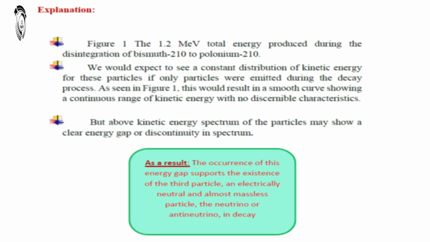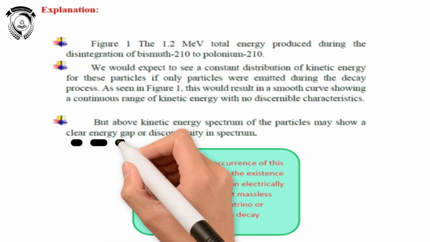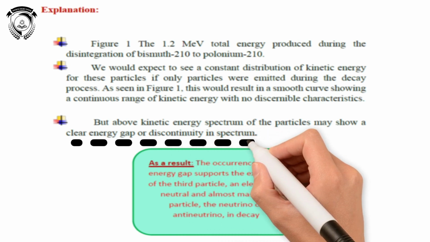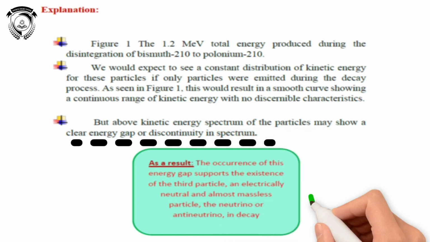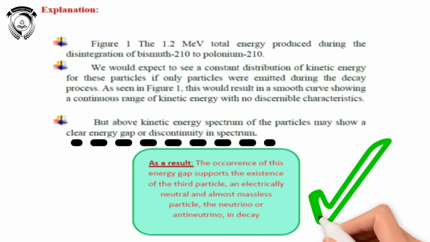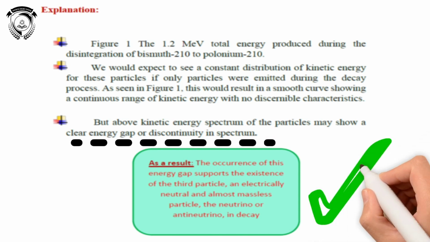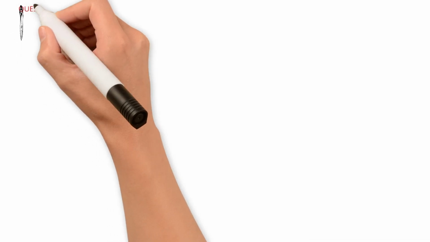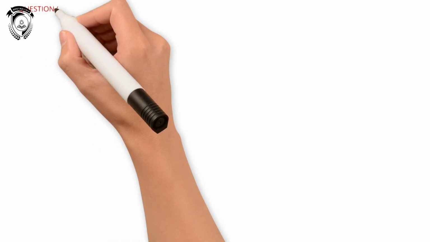This missing energy supports the hypothesis that there is a third particle, which is electrically neutral and almost massless. Therefore it could be either a neutrino or an anti-neutrino.